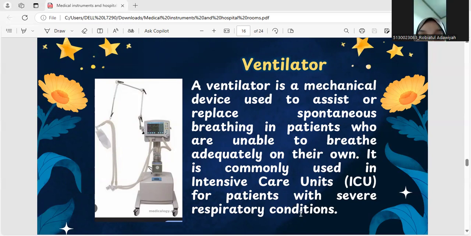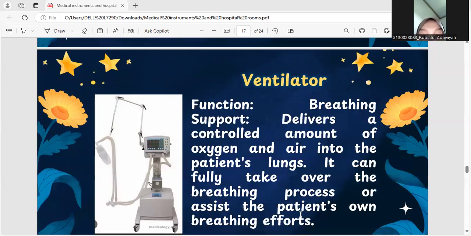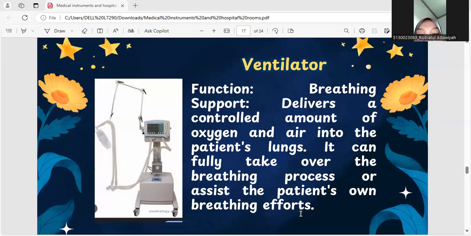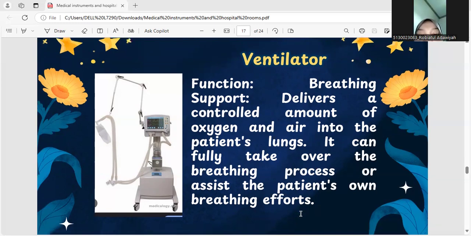It is commonly used in the intensive care unit (ICU) for patients with severe respiratory conditions. Function: breathing support, delivers a controlled amount of oxygen and air into the patient's lungs. It can fully take over the breathing process or assist the patient's own breathing effort.